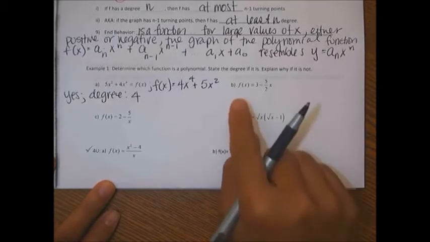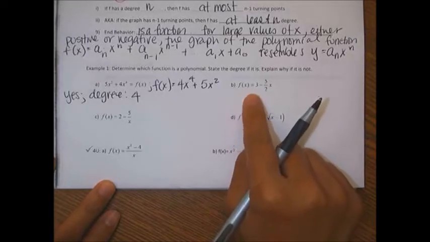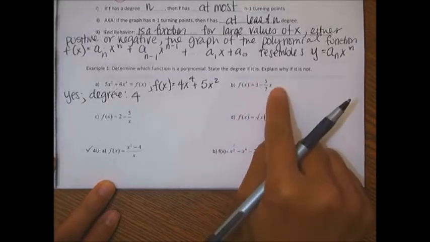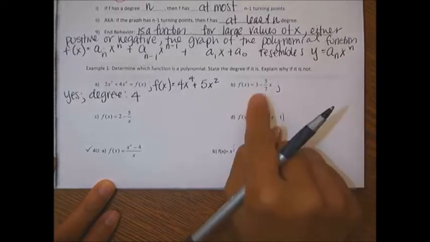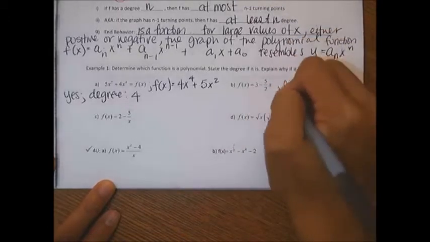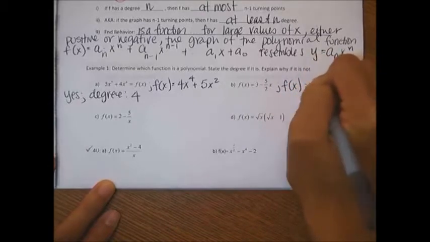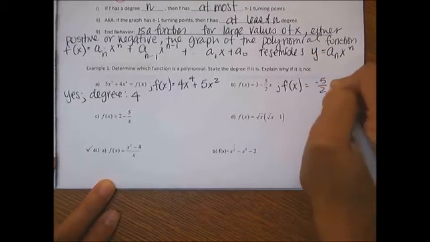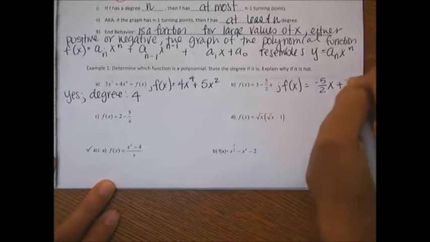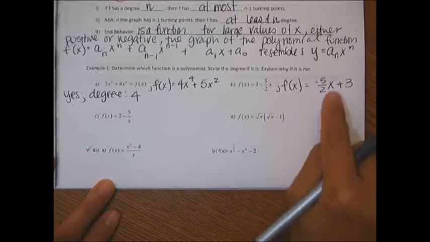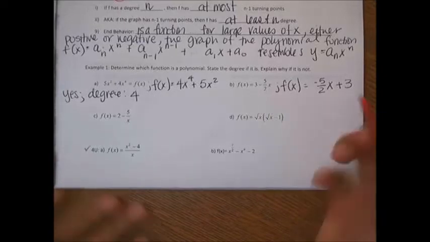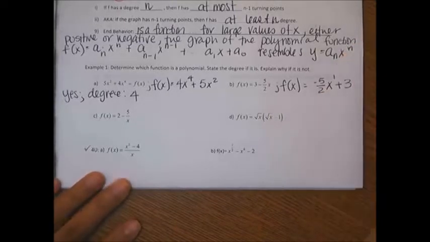All right, let's do B. F of x equals 3 minus 5 over 2x. Let's again write this in descending order. That means highest exponents first. So f of x equals negative 5 divided by 2 times x plus 3. Okay. All right, so let's look at our exponents. This right here actually has an exponent of 1.